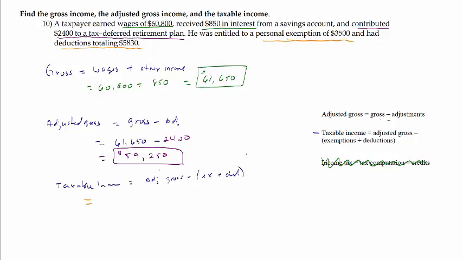So now I take my adjusted gross, which is $59,250, minus my exemptions of $3,500 and my deductions of $5,830. So this means I have $59,250 minus $9,330, which gives me a grand total of $49,920. And that will be my taxable income.